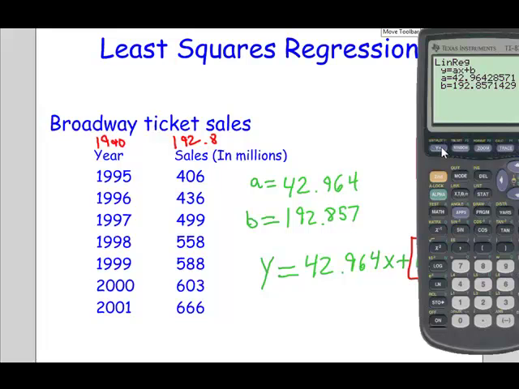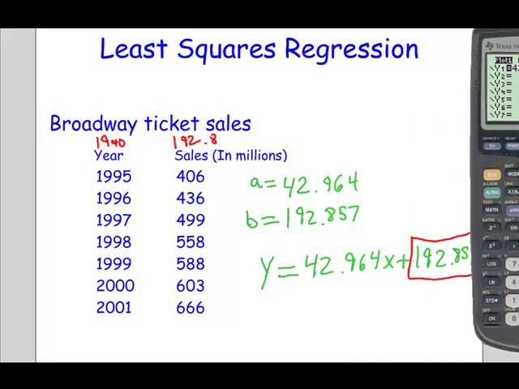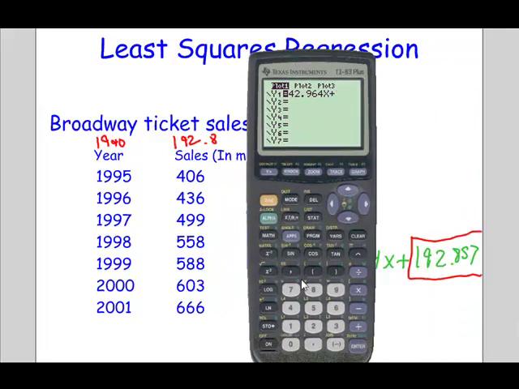So then we can go right back and we can plug this in too. We can go to y and enter 42.964x plus 192.857.